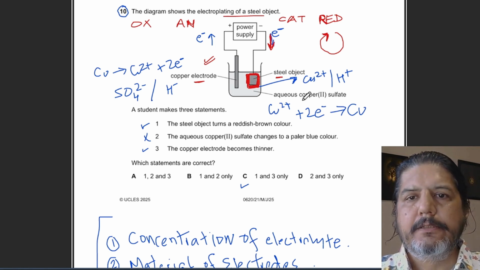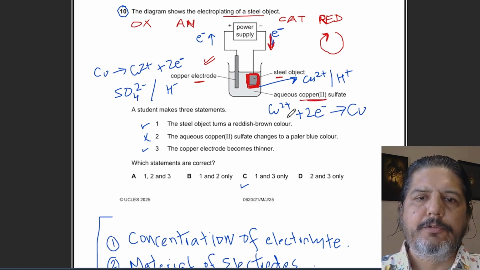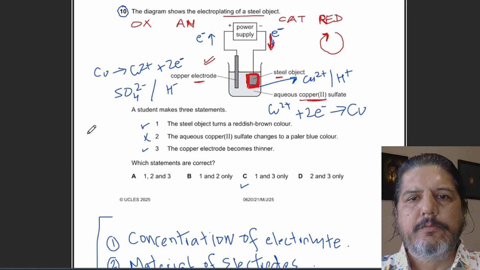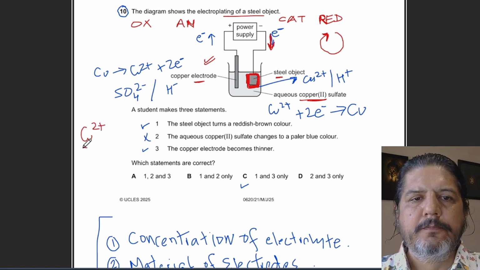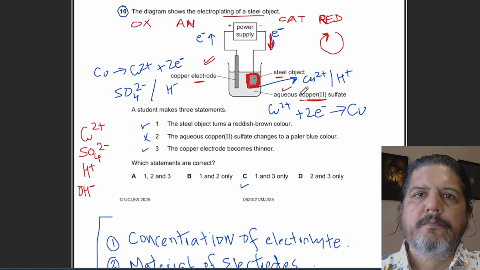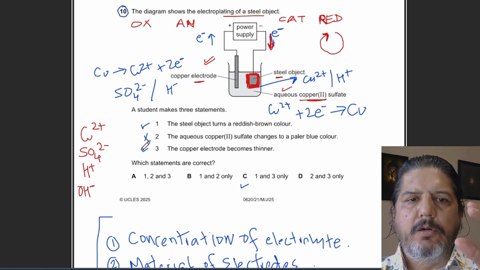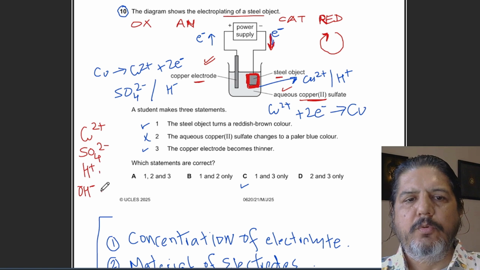Now the electrolyte is aqueous copper sulfate. So when they say aqueous copper sulfate, what you need to remember is that we will have the ions Cu2+, SO4 2-, H+, and OH-. See, because it is aqueous, we will have the ions of H+ and OH- also.